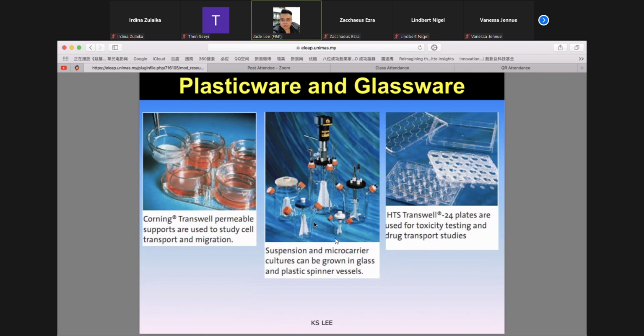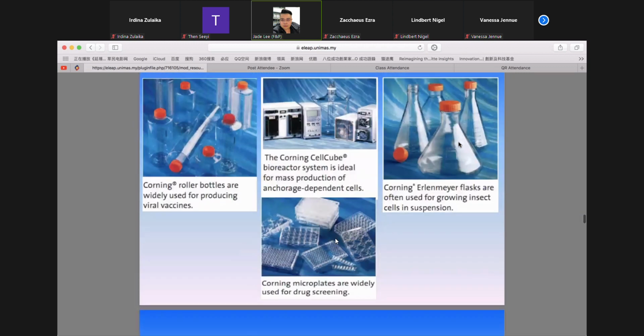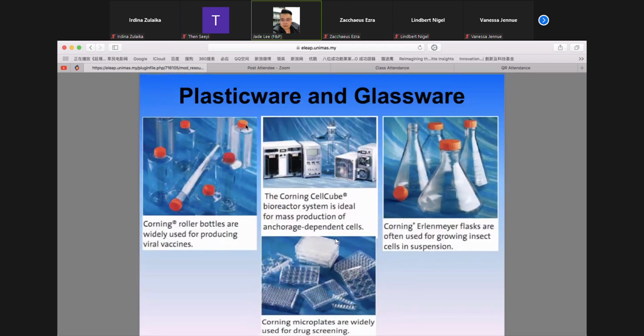This type is suitable for tissue culture in suspension. And you also have the 24-well or 48-well plates that are very suitable for toxicity testing and also drug transport studies, in a very small vessel. The roller bottles are widely used for producing viral vaccines.